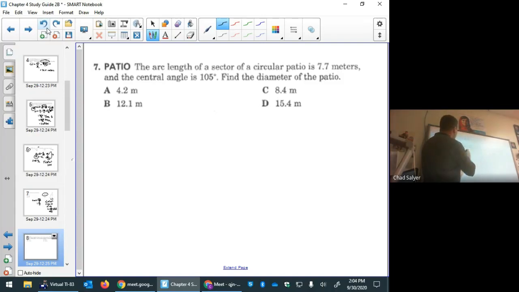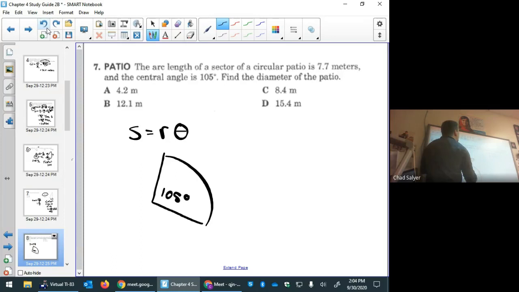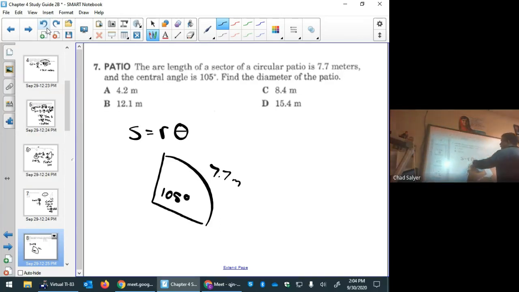Okay, so 7. We need to, first of all, remember that S equals R theta. That's our arc length formula. And let's diagram this real quick. So we've got something like this. The central angle is just bigger than a right angle, 105. We're worried about this arc length. It is 7.7 meters of arc. And so we need to first convert this to radians because we can't plug a degree into our arc length formula.